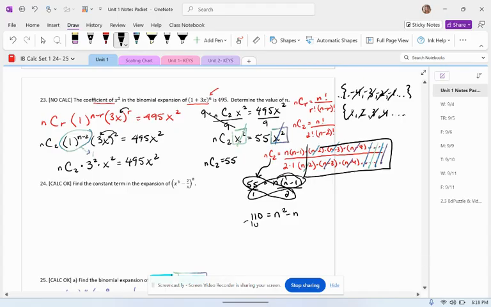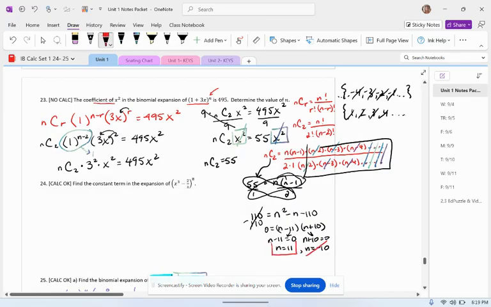This is quadratic. Okay, and then this would factor to (n minus 11)(n plus 10). Then I have n minus 11 equals 0, zero product rule, n plus 10 equals 0. I now have n equals 11, and n equals -10. I would reject this because n has to be a positive number. That's just the nature of combinations, and my answer would be n equals 11.